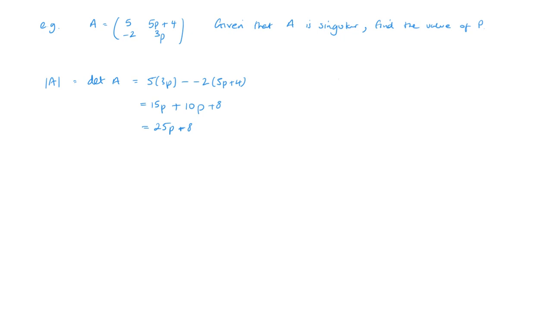So if I use M, the determinant of M equals 0, it's singular, has no inverse. If the determinant of M doesn't equal 0, then it's non-singular. It has an inverse.